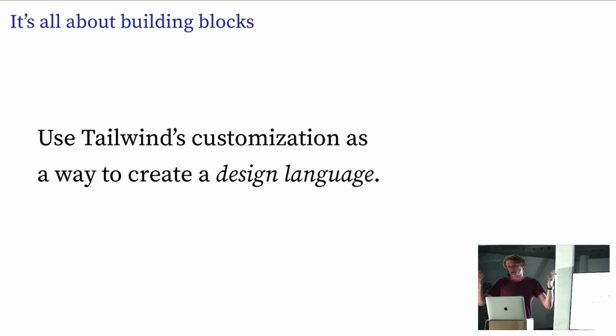It's just a new unit. It's like tiny space, a bit more space, even more space, and more space. And the same thing with the colors. You start thinking about the shades of the colors. And you should really take this language that Tailwind has started with, and you should customize it yourself, and you should tweak it.